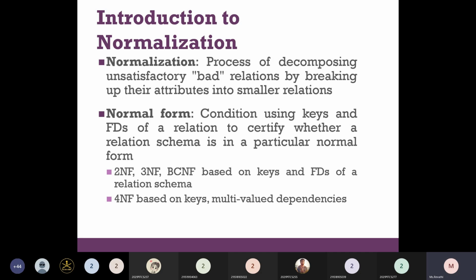They are functional dependencies and keys, because functional dependencies and keys frame the constraints or rules that retain the database design. And from functional dependencies, we discussed the inference rules, the additional rules we can apply, in previous slides. So now we are going to introduce normalization.